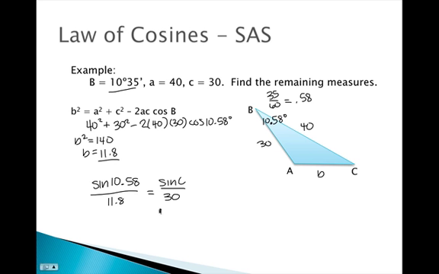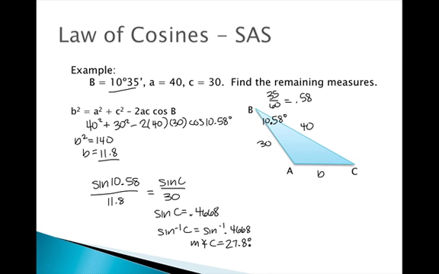So when you cross multiply and divide, you're going to end up getting sine of C equals 0.4668. Take the inverse, so actually that would be sine inverse of 0.4668, and the measure of angle C equals 27.8 degrees.